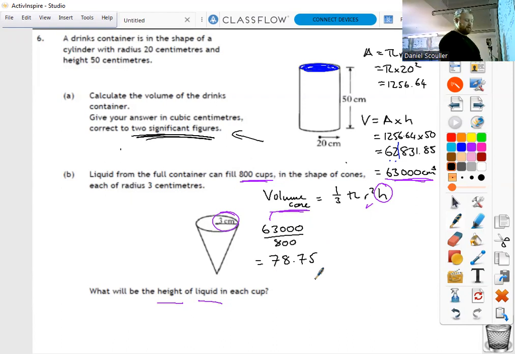So that 78.75 goes into the volume part. That equals the 1/3 times pi times r squared, where r is your 3, times h.